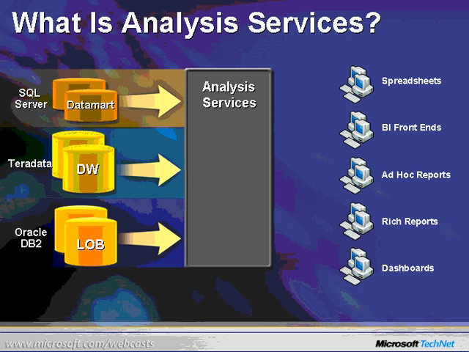I'll refer to UDM as the unified dimensional model, which is like an enhanced version of an OLAP cube. There are many ways to present the business logic in terms of calculations, policy, and so on. And these are contained within the unified dimensional model. It allows you to model business logic from an analysis of the enterprise.